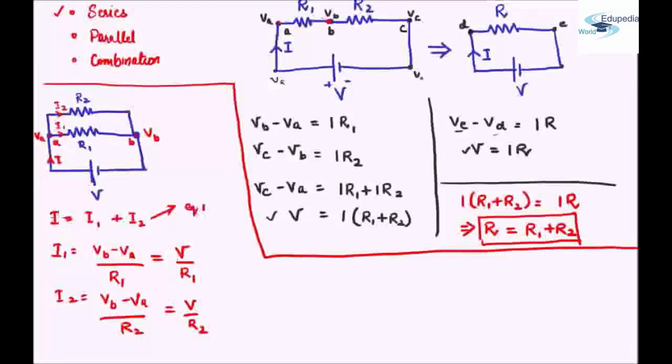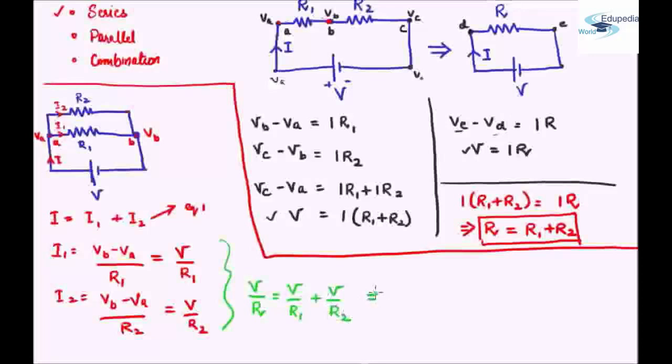Now what will be I? From here I can see that I is V divided by capital R. Let me use a different color. So using this equation, what I can get is I is V divided by capital R, and I1 is V divided by R1 plus V upon R2.